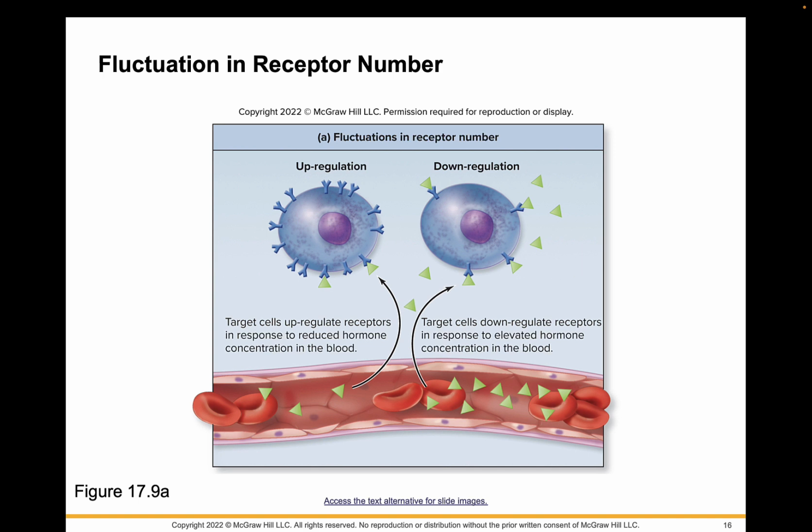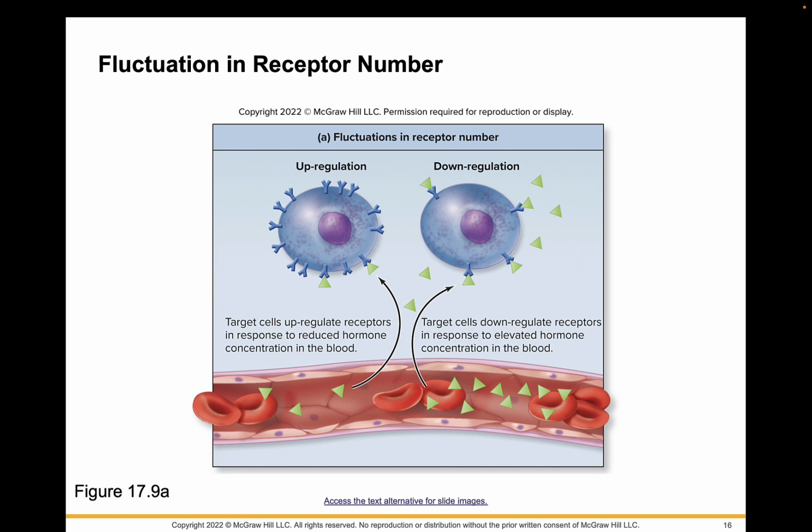So first, we're going to talk about upregulation. And what upregulation is, this is when the target cell will increase the number of receptors in response to a lower amount of that hormone. And this kind of makes sense. If I have a lower circulating level, I can make up for that by having more receptors or targets for that hormone, making it more likely that there is going to be an interaction between the hormone and the target.